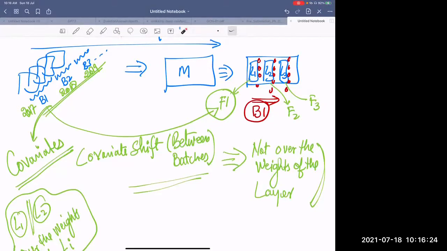So if I take image number 1 of my batch first, image number 2 of my batch 2, image number 3 of my batch 3, and all these images, then I will get the outputs of my different layers.